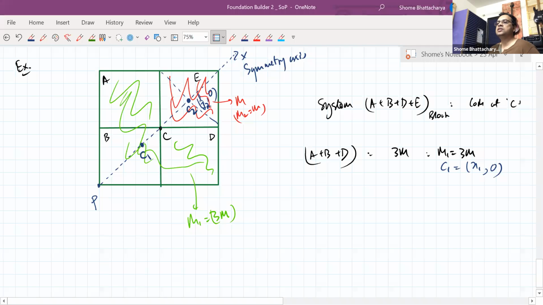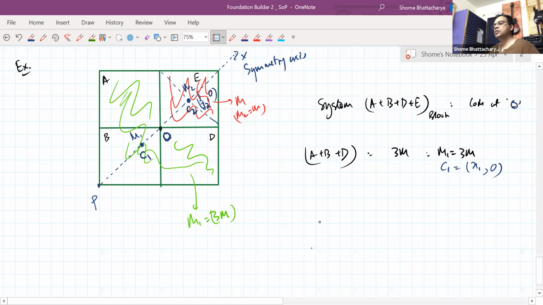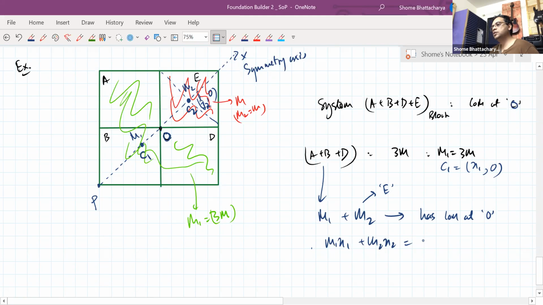Now M1 is located here, M2 is located here, but their common center of mass is where? Here. So I'm taking this as my origin. M1 plus M2 as a system, where M1 is A plus B plus D, and M2 is just the block E alone, has its center of mass at O. So M1 x1 plus M2 x2 should be equal to 0.